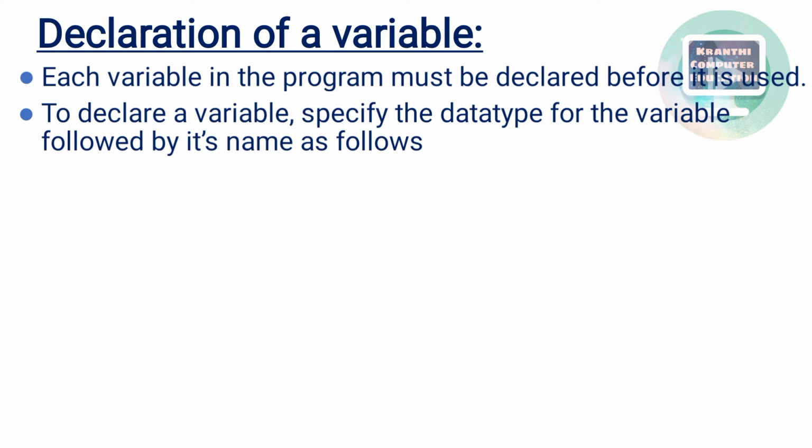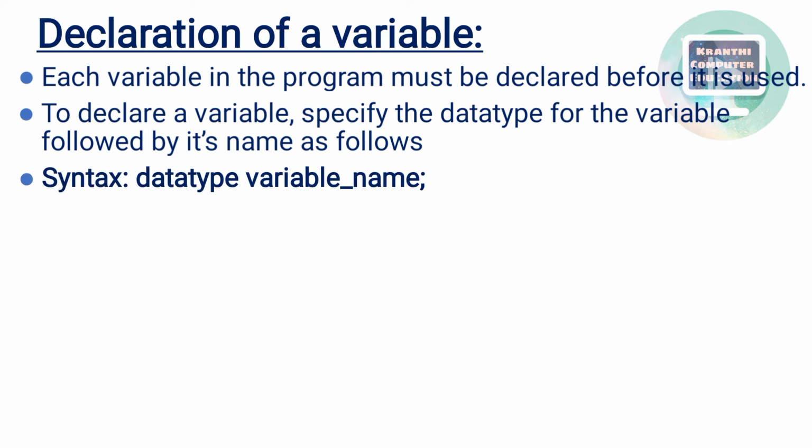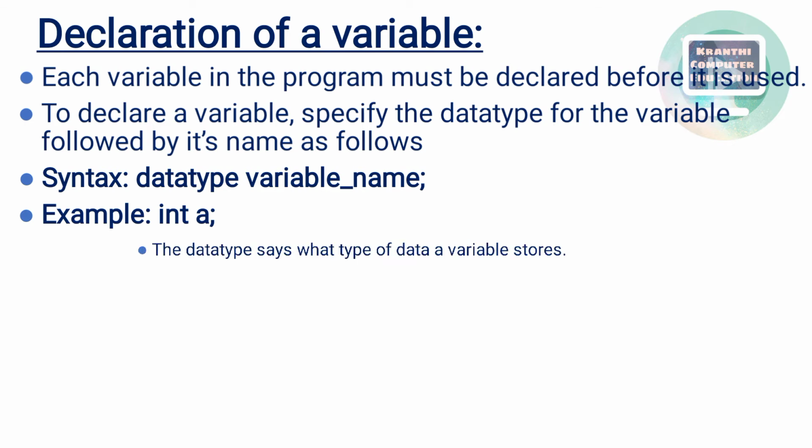So, to declare a variable in C language, we provide a data type, and after that data type we provide a variable name. The syntax is: data type, space, variable name, semicolon. Let's see the example: int a. Here int is the data type, a is the variable name.